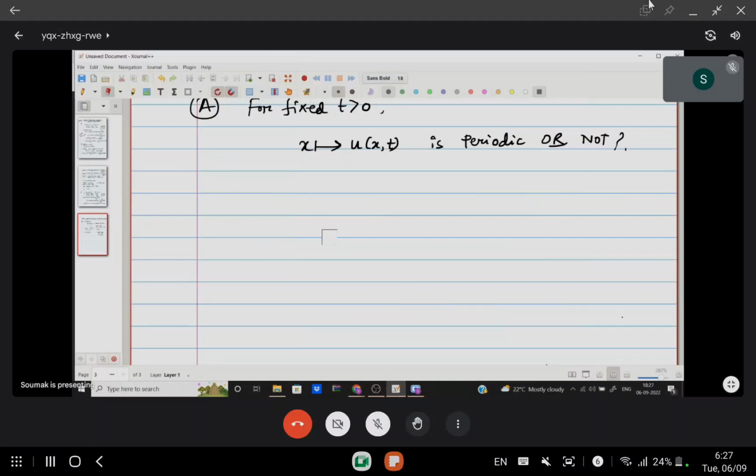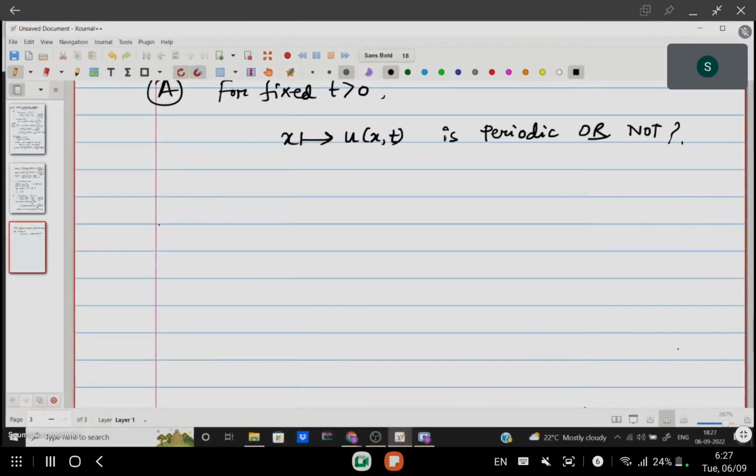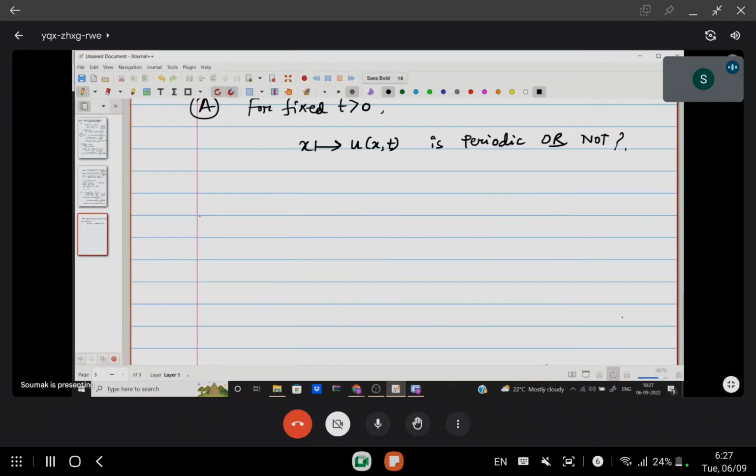Hello. Nitish's voice is breaking for me. Soikat, do you understand what he wants to tell? Yes, sir. The sum of two periodic functions is not periodic unless their LCM exists.